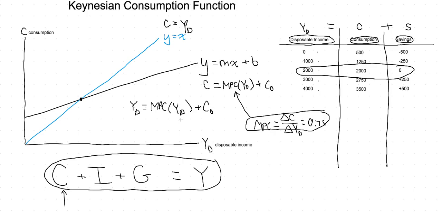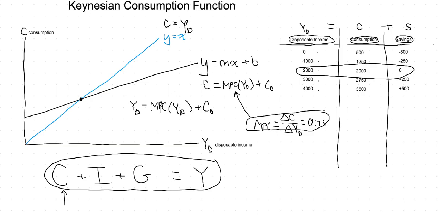And you're solving for y sub d. You should be able to get the MPC data and the C naught data from the table. Figuring out these consumption functions requires some input data, and this data will be provided to you.